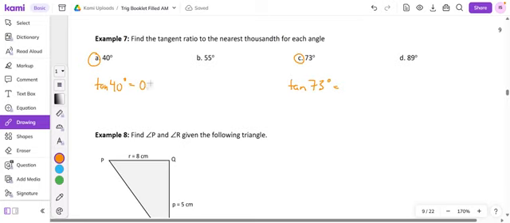And I get 0.8391. Check your rounding. Oh, this is interesting. What's interesting here is that for tan, I have a 3 point something. Whenever I did the sine and cosine, it's always 0 point something.